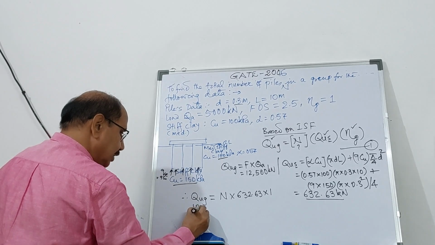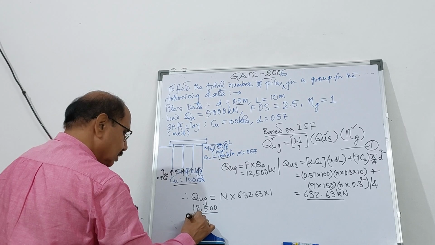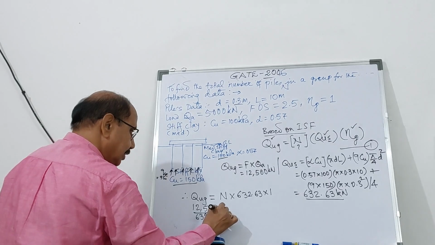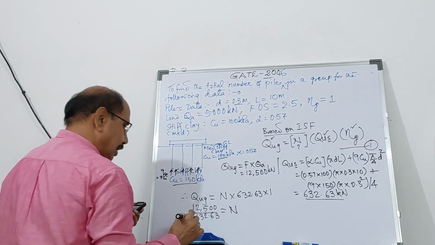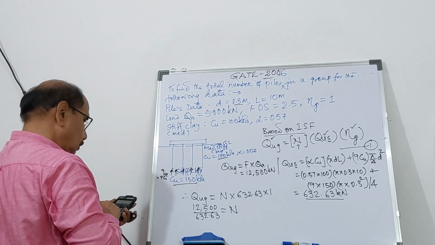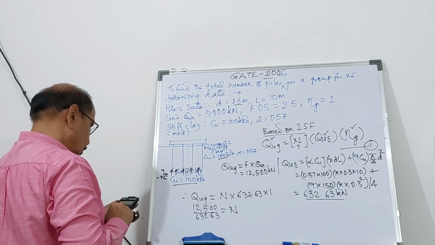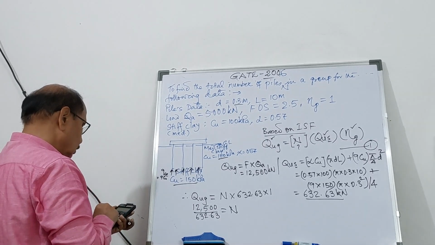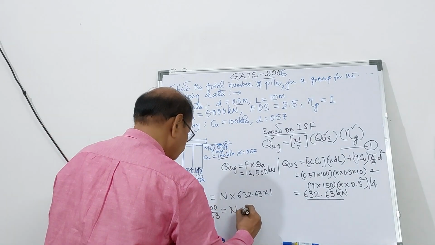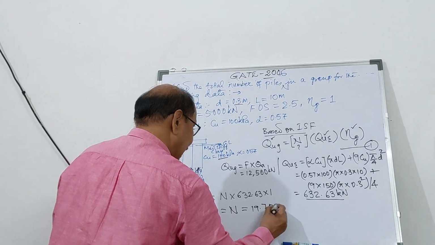So 12,500 divided by 632.63 equals the number of piles required. So let me calculate this. This is 19.758 piles.